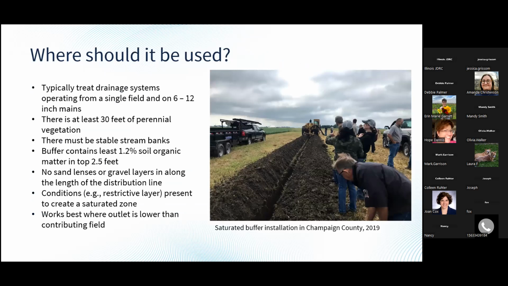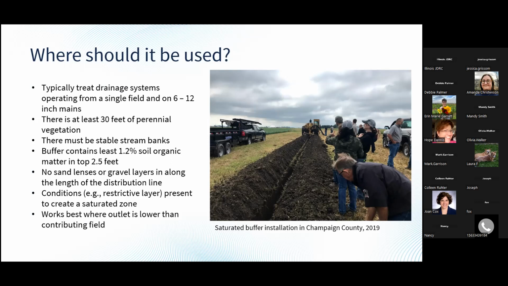So as mentioned in the previous slide, saturated buffers require certain conditions for construction, which can be limiting. So saturated buffers typically treat systems operating on a single field on 6 to 12-inch mains, and there needs to be at least 30 feet of perennial vegetation available. So if there's not a buffer that's 30 feet, you need to be either willing to put one in or have one available. And then there needs to be stable stream banks.